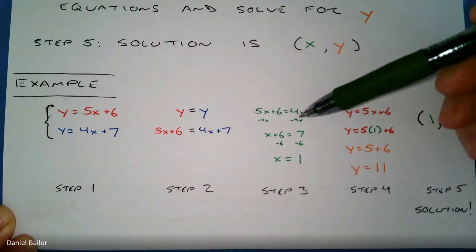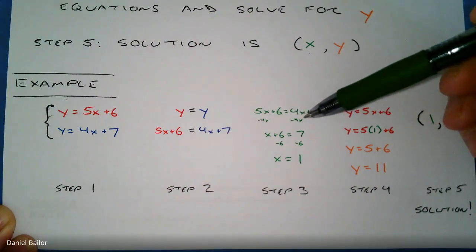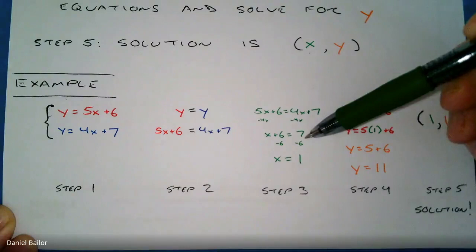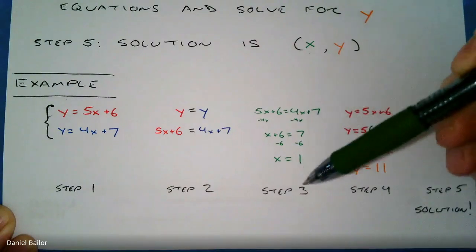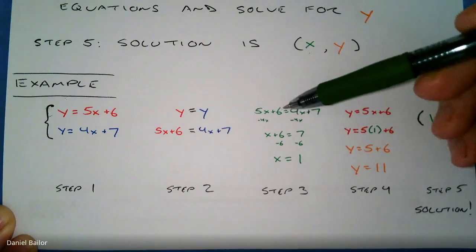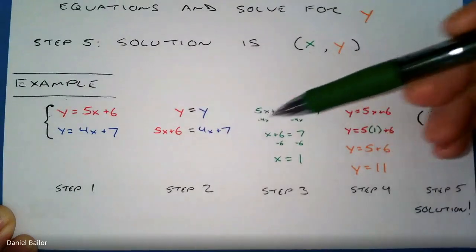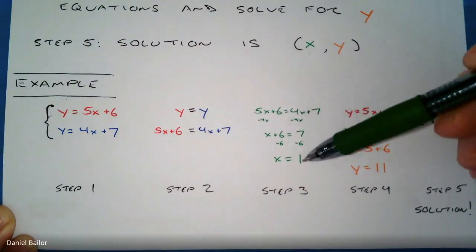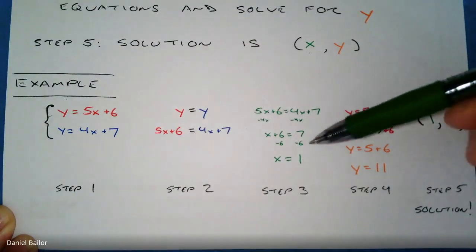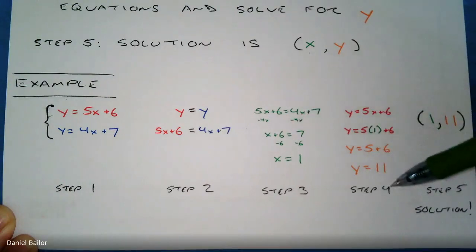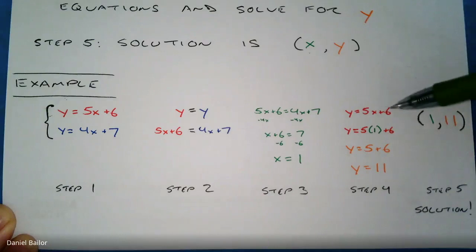Step 3, I use my properties. You can see I use the subtraction property of equality first. Then I use the subtraction property of equality again, and I found x. I used my properties. I took this, put it here, used my properties, and found x. Step 4, the next substitution, the substitution method, I pick one of the equations.